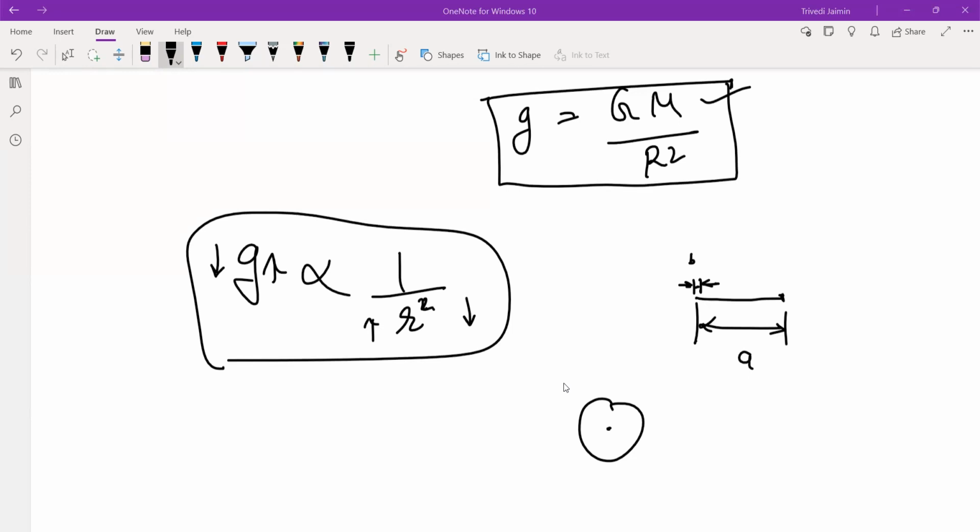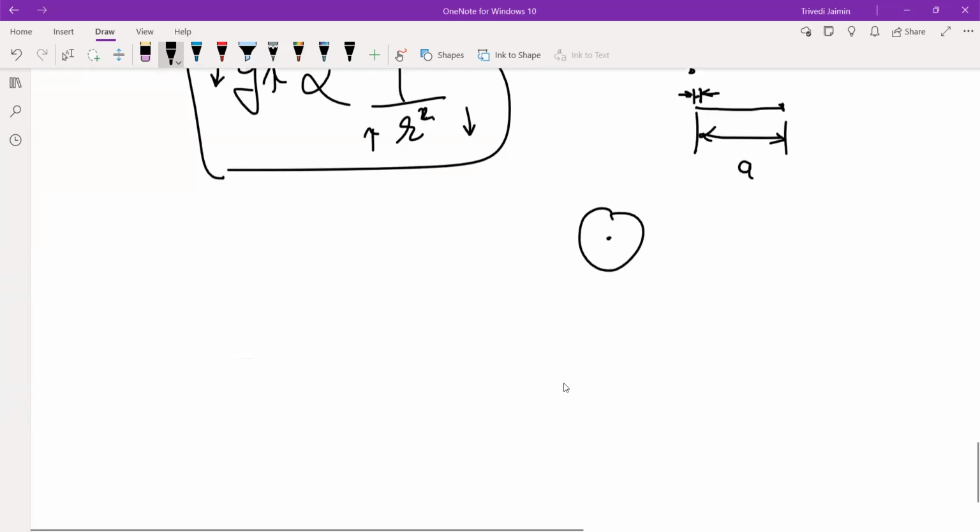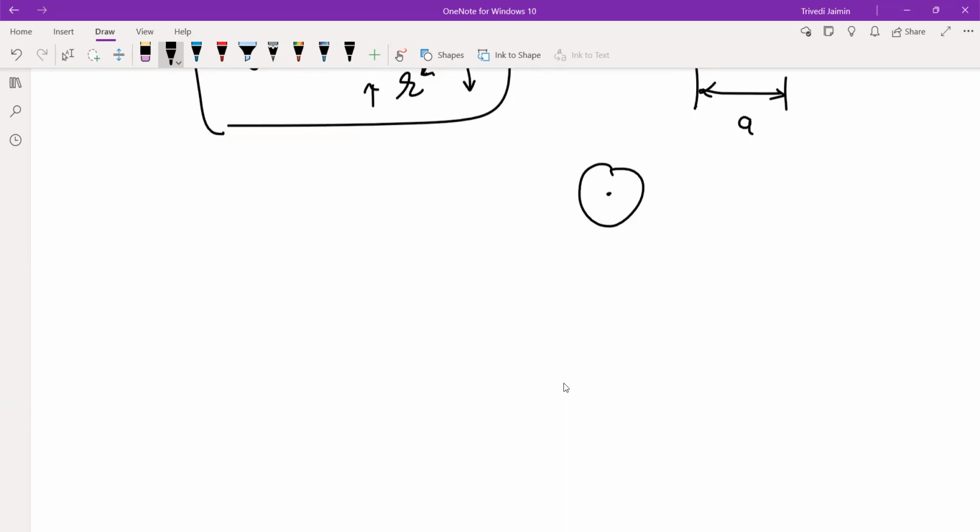Okay. Will you try one question? Do we have time? Yes, we have. I'm not writing the full question, I'm just writing the given terms. Mass of Earth is given as 6 into 10 to the power 24 kilogram.